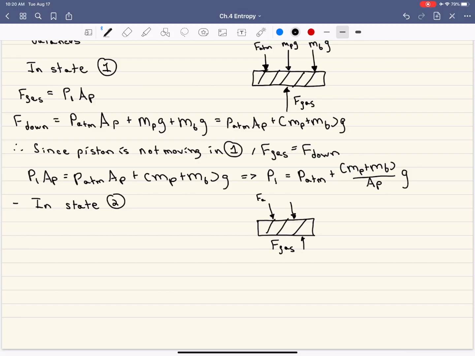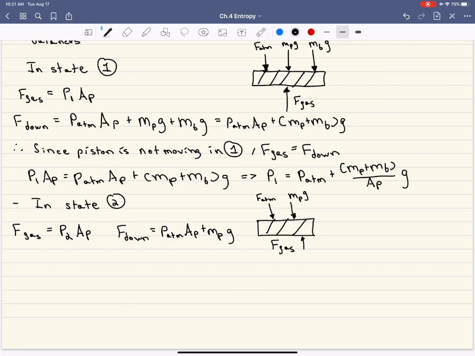In this case, we only have the atmospheric force and then the weight of the piston. So F gas is equal to P2 times AP, because now we're talking about the pressure in state 2. The force down is the atmospheric force and the weight of the piston.